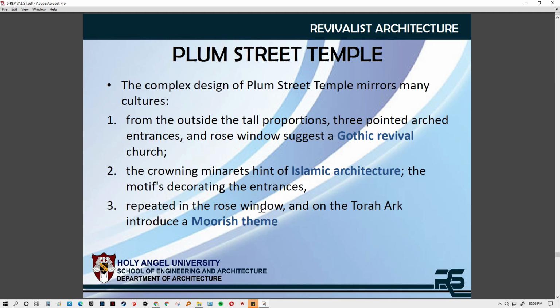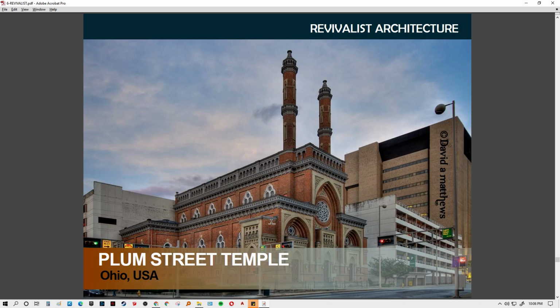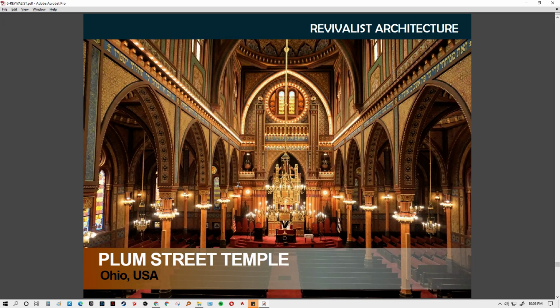Then the repeated rose windows and Torah ark introduce the more Moorish theme. Aside from that, the form itself gives the Moorish look design. Then the interiors provide different patterns and different colors that add to the motif, that gives its own identity.